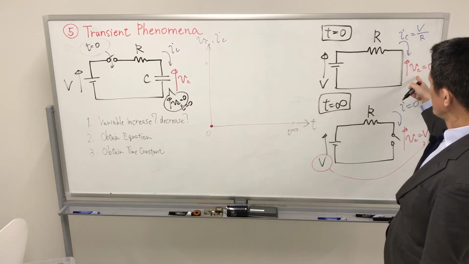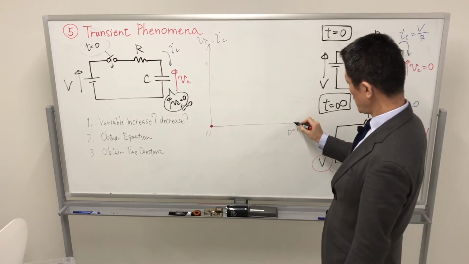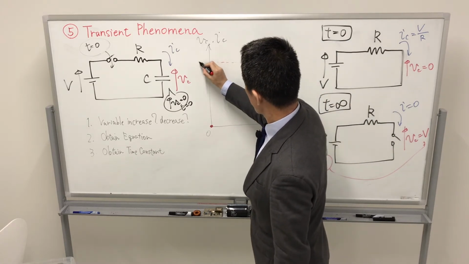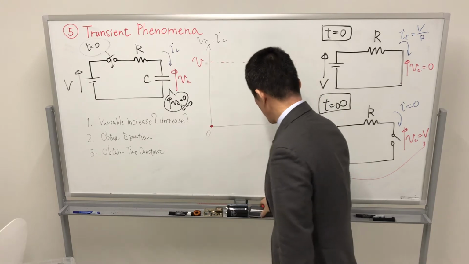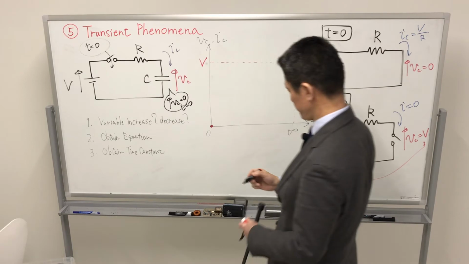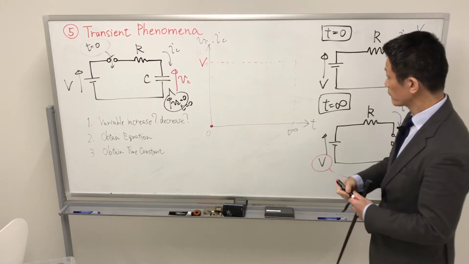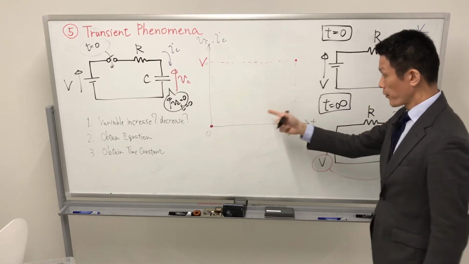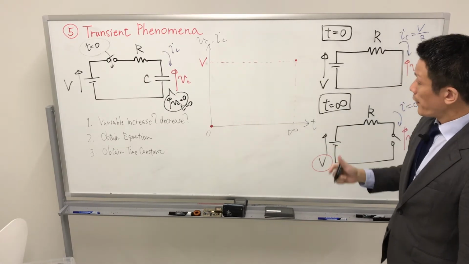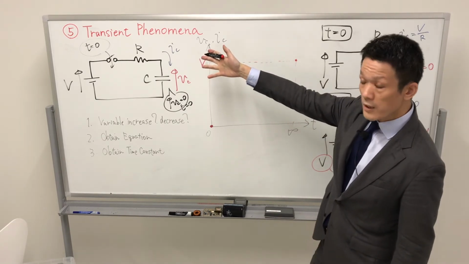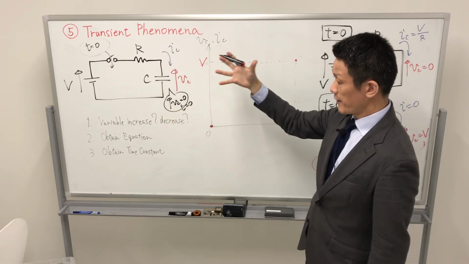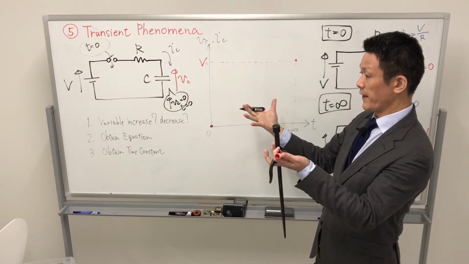At T equals 0, VC equals 0. In this time, the voltage increases. Okay? In the transient phenomenon world, this world has a law.